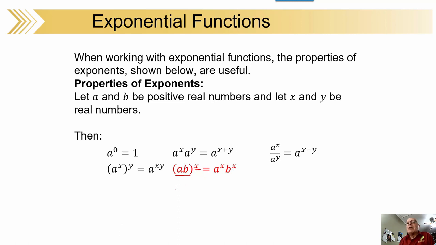So if you had 8 times 3, and that was squared, another way of calculating that would be take 8 squared and multiply times 3 squared, and whatever your answer is. I am not going to try that in my head.